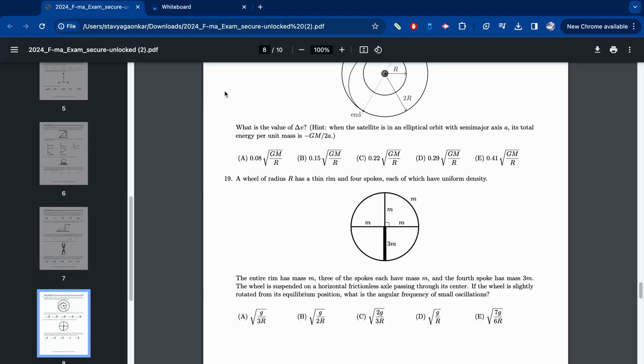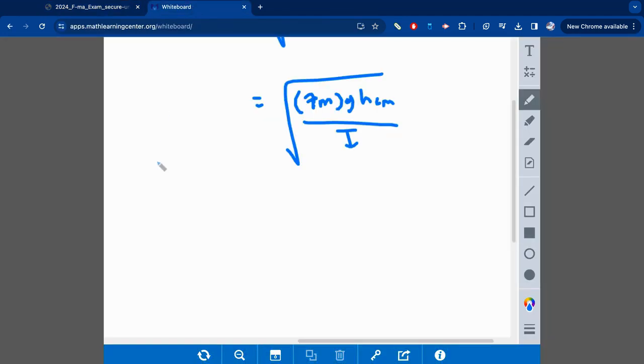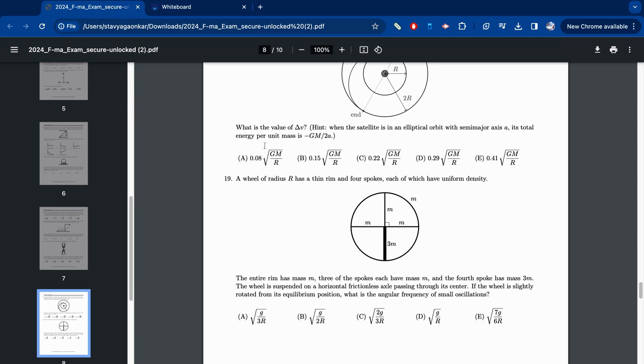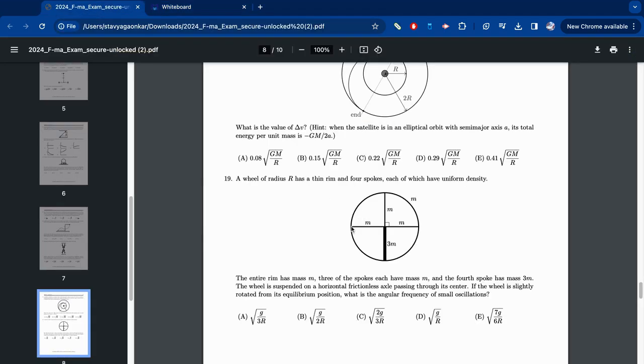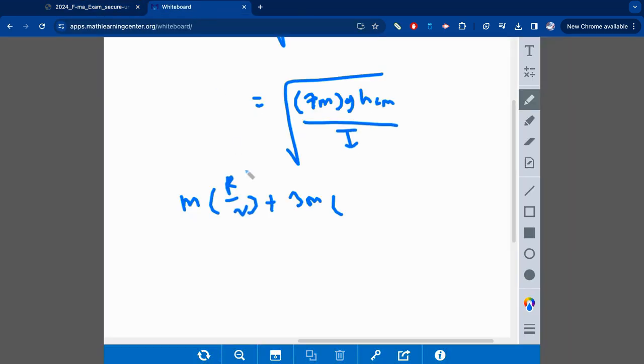So this is 0. We know that it's going to be m times radius r, so this is r over 2, plus 3m. Now since this is the origin, this is going to be negative r over 2, and then over the total mass, which is 7m.